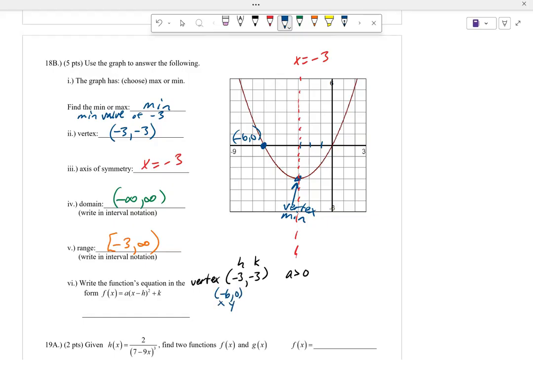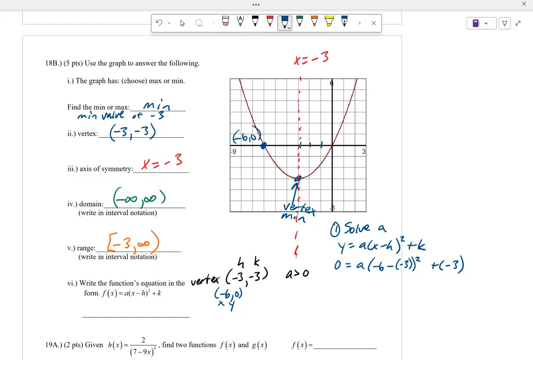Let's use that xy and solve for a using my vertex form equation with my hk and my xy. So my y is 0. A I don't know. My x is -6, I use the point -6, 0, minus my hk. Remember, h is -3 and k is -3.